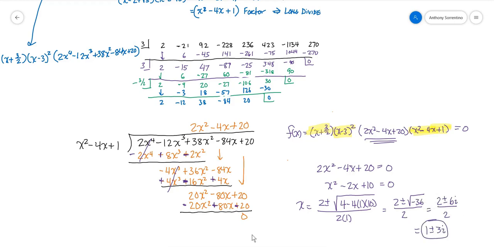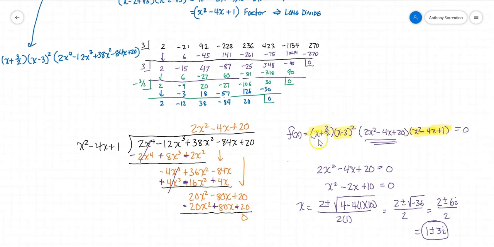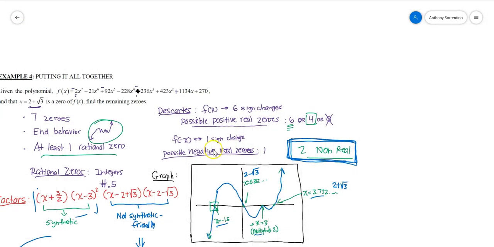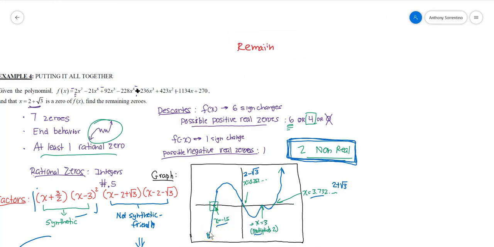So now I've established all of the other zeros. So I'm going to go back up and answer the question now. Find the remaining zeros. I don't want to move that. So the remaining zeros are 2 minus the square root of 3, negative 3 halves, 3.